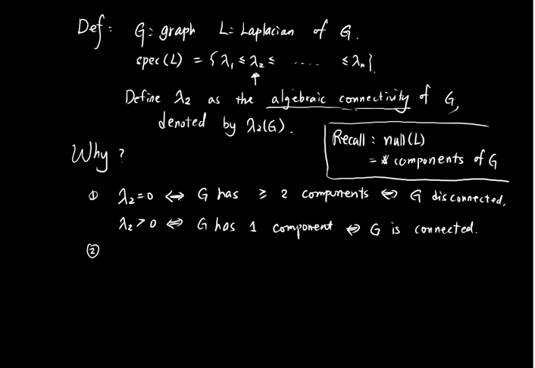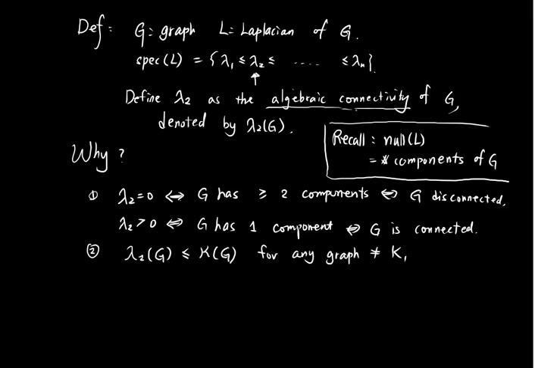But there is a more elegant or deep theory behind this parameter, which is the simple formula here. Lambda 2 is always a lower bound for the kappa for any graph, except for K1.